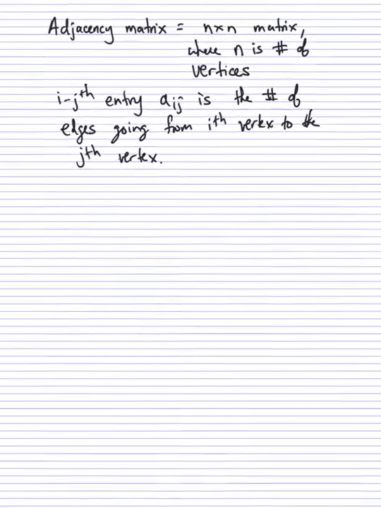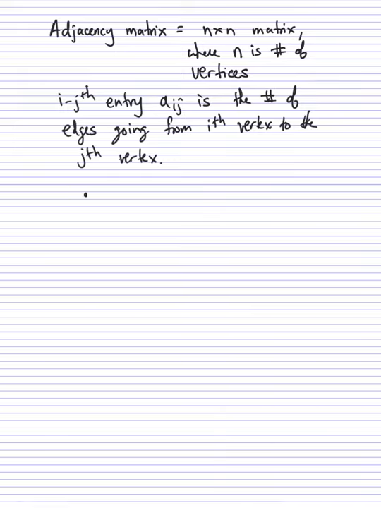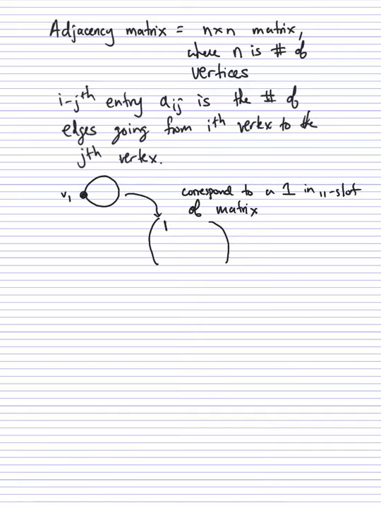We're allowing multiple edges and loops. A loop on vertex 1 would correspond to a 1 in the 1,1 slot of the matrix. So if you allow loops, you get some terms on the diagonal.